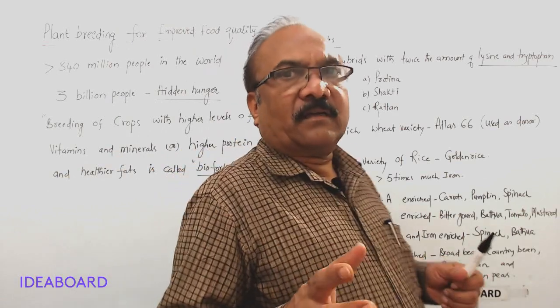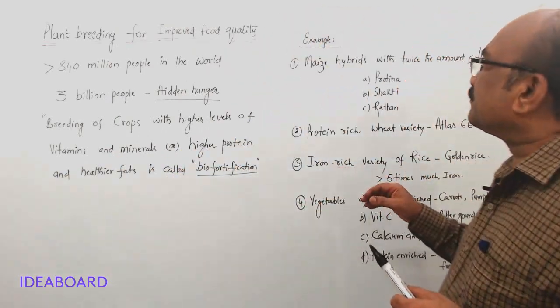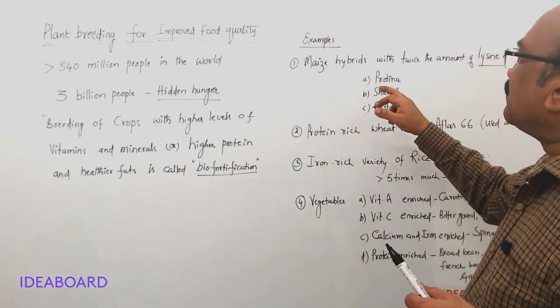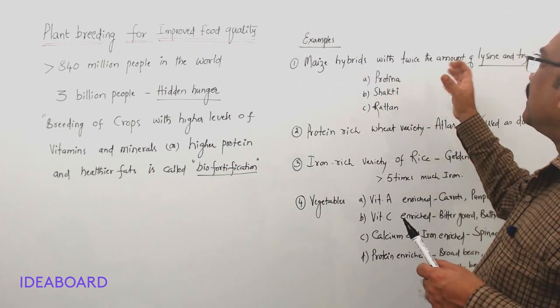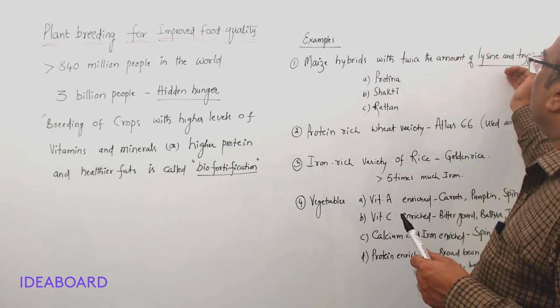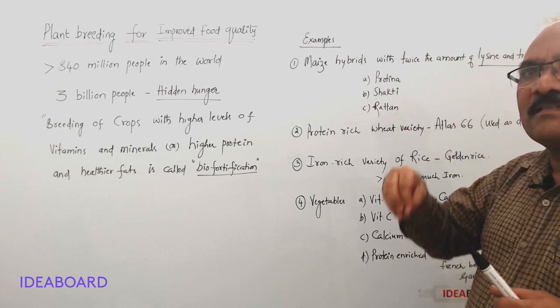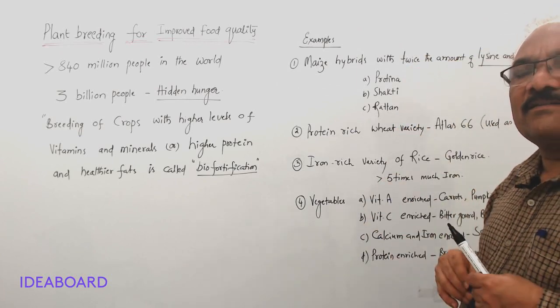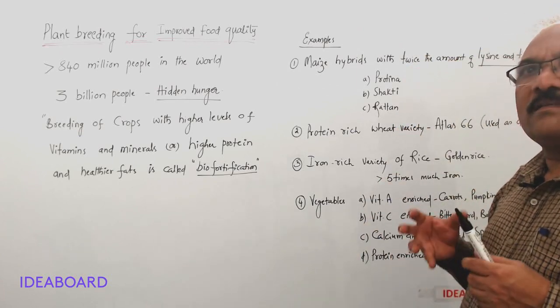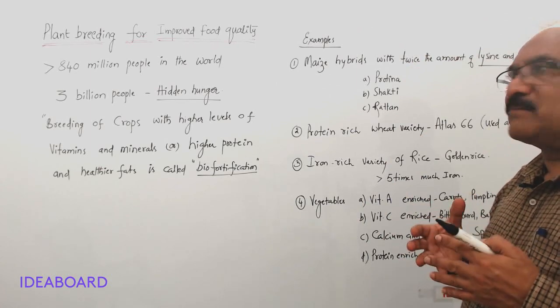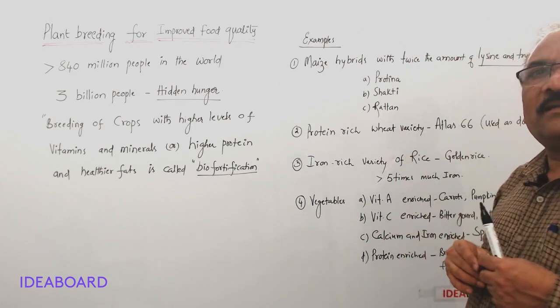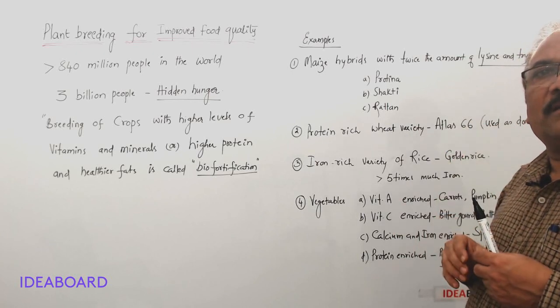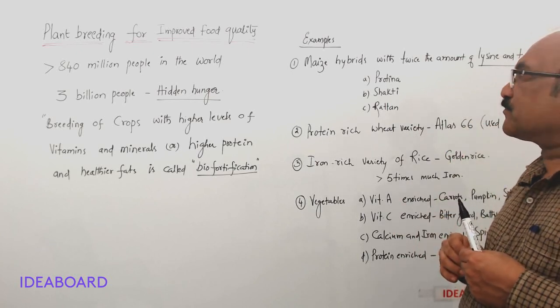And let us take some of these examples. The maize hybrids they have developed contain twice the amount of lysine and tryptophan of the existing cultivated varieties. Means what? Generally, the cereals will have a lesser amount of lysine and tryptophan, which are essential amino acids.